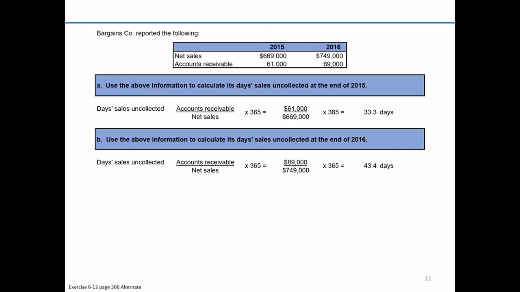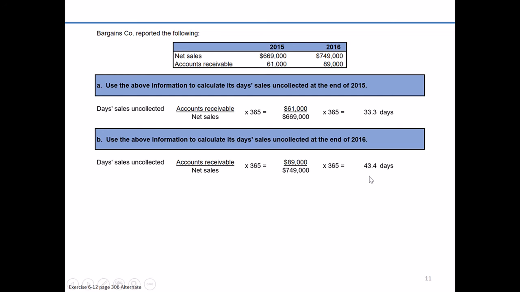Another reason for the increase may be something negative from the company's perspective. Maybe their credit granting procedures and their collection efforts have taken a downturn. What I mean by that is maybe they're not reviewing customers as much when they're extending credit, and they're extending credit to people who are slow paying or maybe not paying at all.